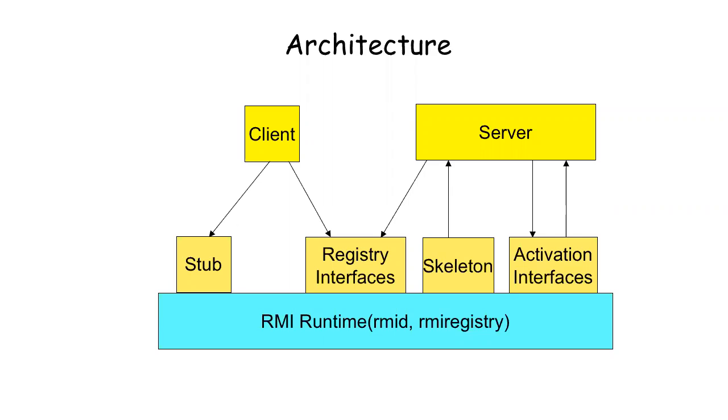So you have your compute client, and then you have your compute server. You've got your registry interface, so that's over in here. The skeleton, which may have some implementations that you need to use, and then some RMI registry, which runs so that your client can look up servers and proceed to do invocations.